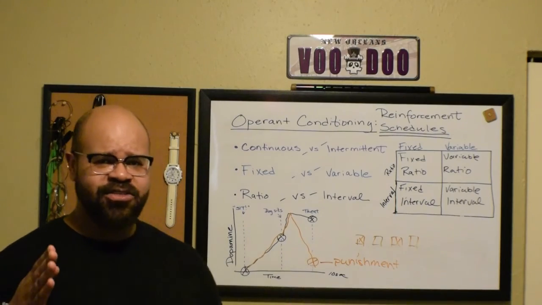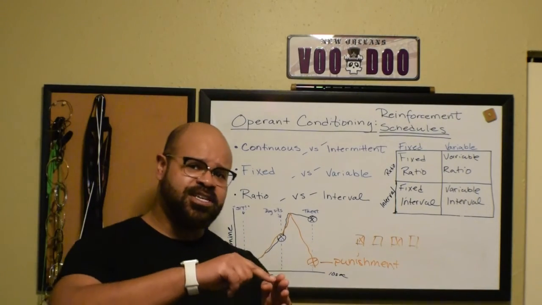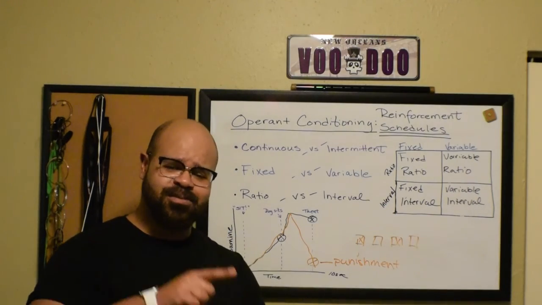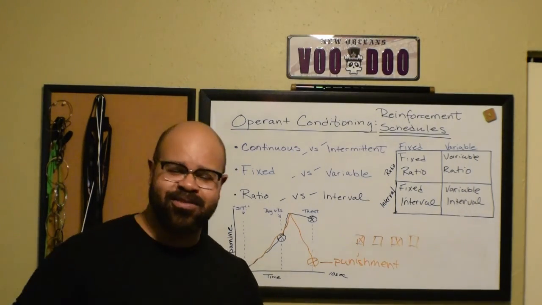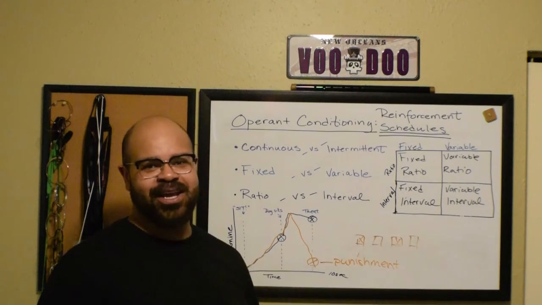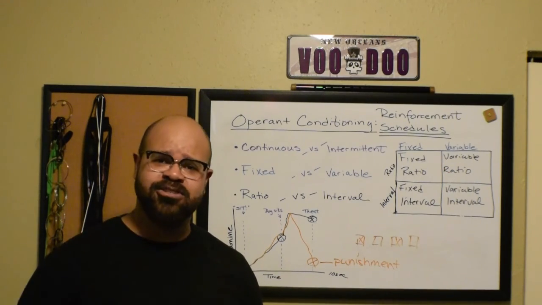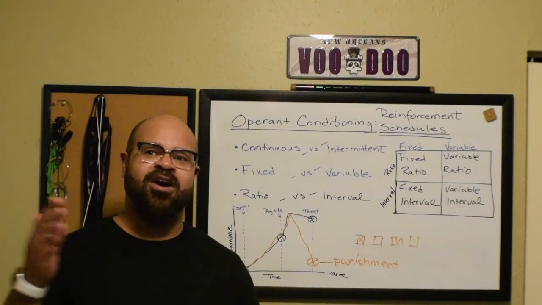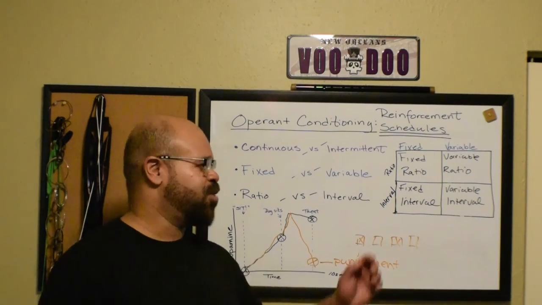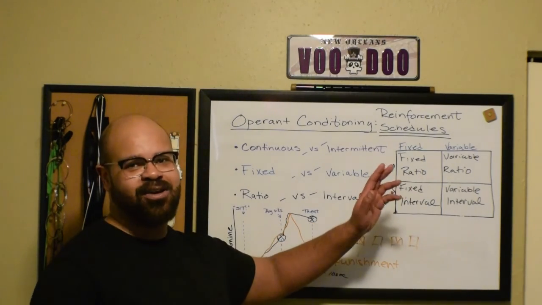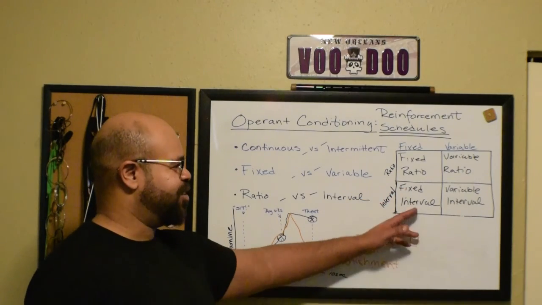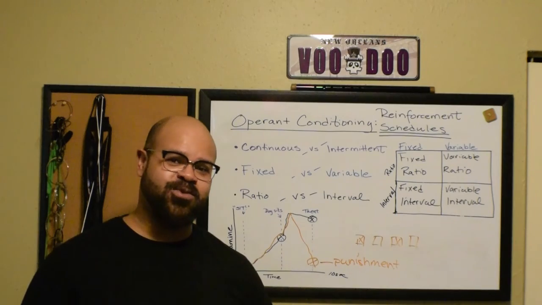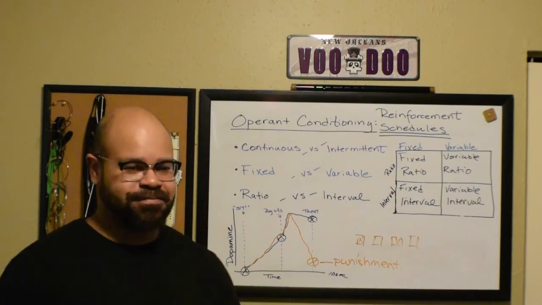And so this type of interval schedule is going to be best for committed regularity, right? Not frantic regularity, but a regularity. I'm just going to keep doing it because it does seem to always pay off, right? But not in such a way that I can just control it, right? I'll go press the lever when I'm hungry. This is, well, I've got a week to get this done, or I've got to do this much within the week, so I better just get to it.